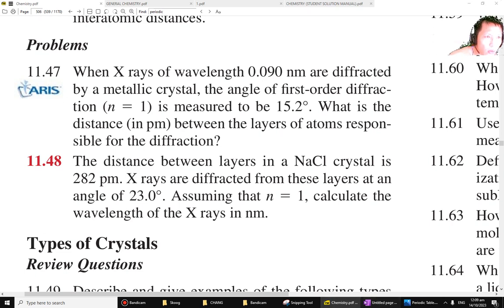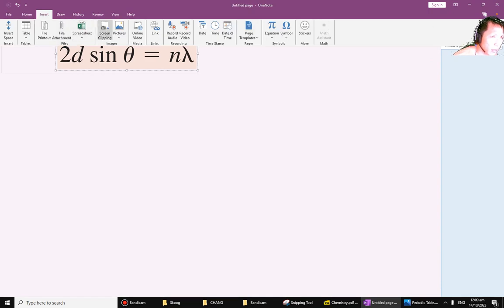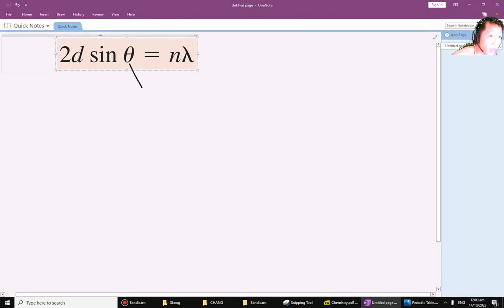So if we go back to our equation 2D sine theta equals n lambda, let's just see what is required. Of course, the angle is given. This one's already given, and is equal to 1.